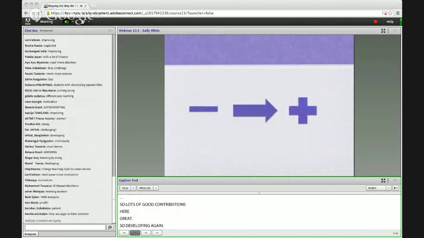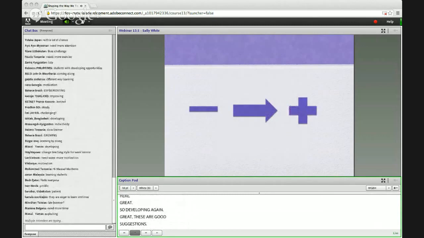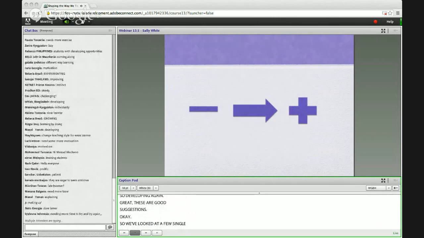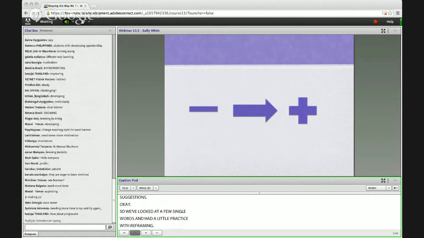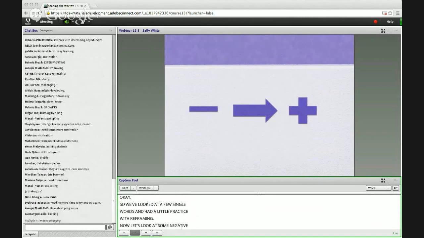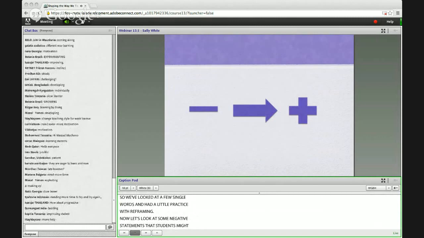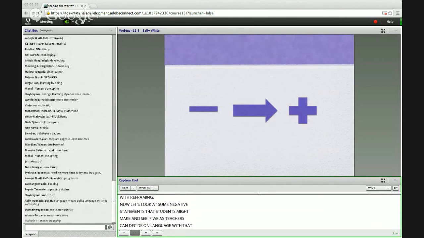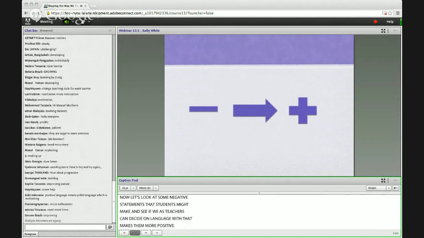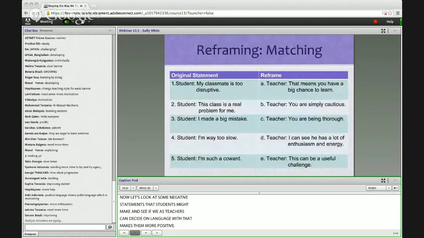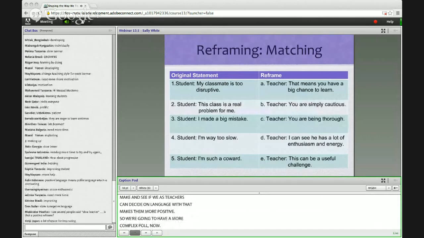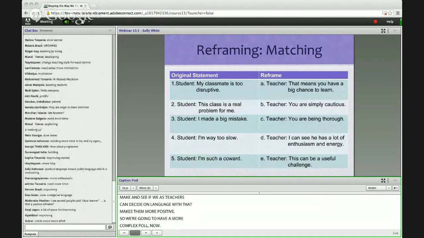Okay. So we've looked at a few single words and had a little practice with reframing. Now let's look at some negative statements that students might make and see if we as teachers can decide on language that makes them more positive. So we're going to have a more complex poll now. This is a matching activity. So you see these examples.